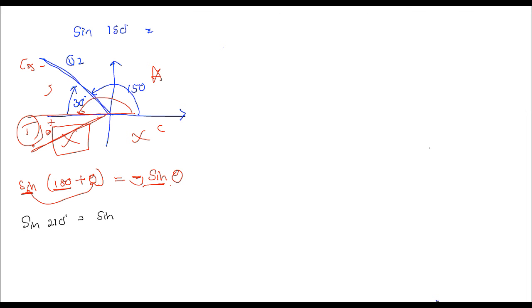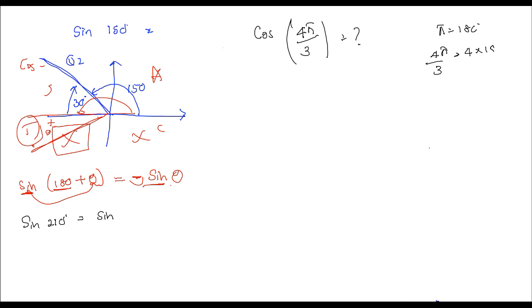Let's say you need to find cos 4 pi over 3, the value of it. What's the answer? We don't know. How do we find it? It's easy to get it in degrees. So pi is 180, so 4 pi over 3 would be 4 times 180 over 3, 240 degrees. Now that means you are in the third quadrant.